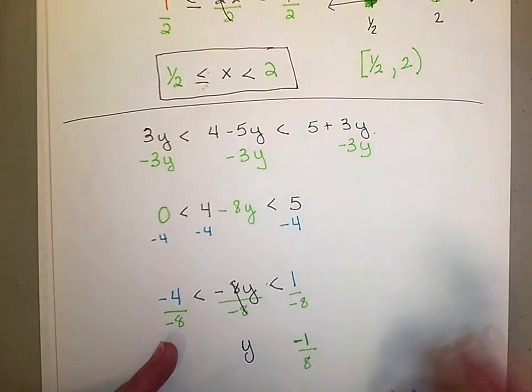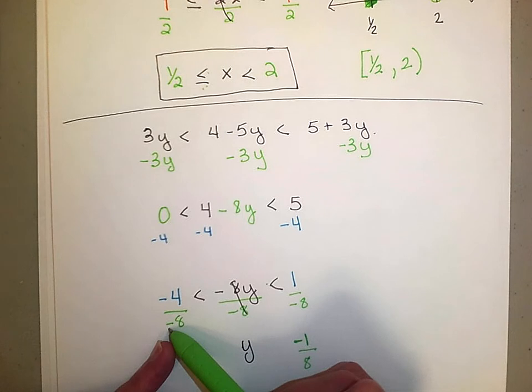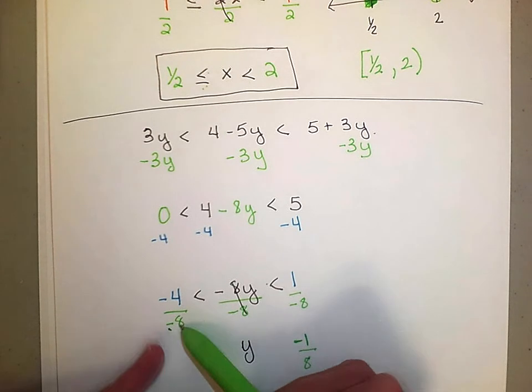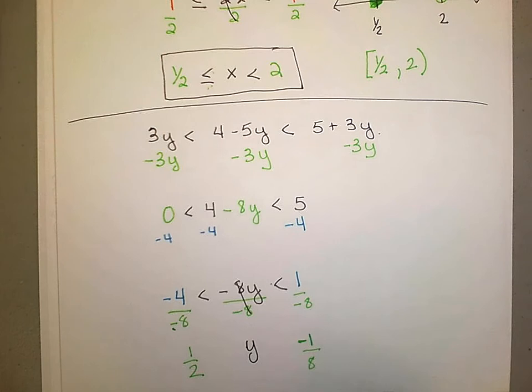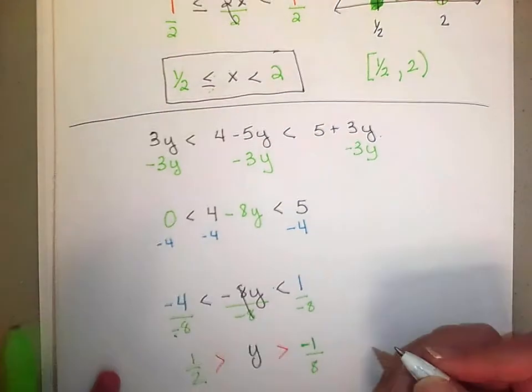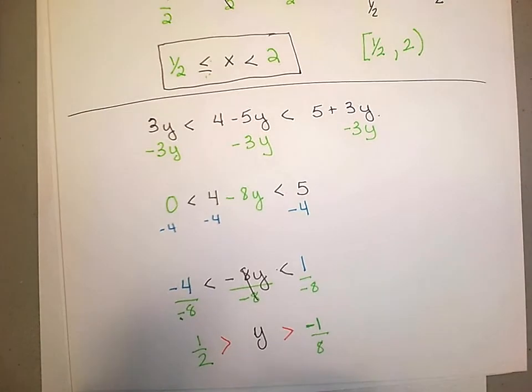Here, a negative and a negative become positive, and 4 over 8 is 1/2. But I have to remember that I divided by a negative, and so I need to flip these symbols.